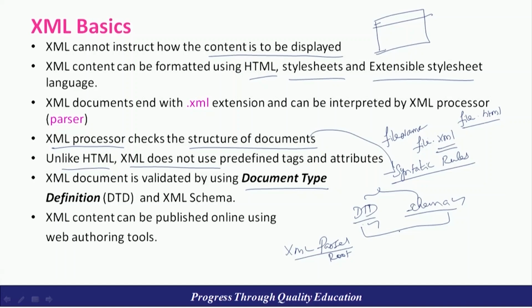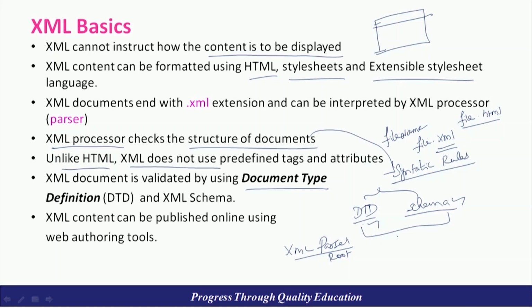Remember one thing, the XML parser is used only to verify the structure, whether the document has been created based on rules. But schema and DTD specify how many elements it has, the content type, and whether the structure is properly written based on the rules.